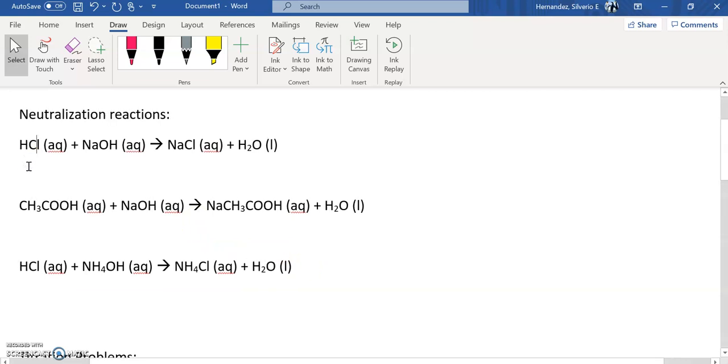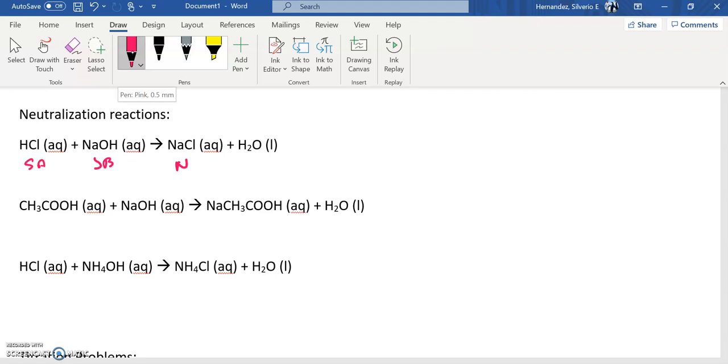Here hydrochloric acid is a strong acid, sodium hydroxide is a strong base, and through that reaction we get a neutral salt and we get water in the liquid form. So that salt is dissolved into the water and we produce a neutral salt from a strong acid, strong base reaction.